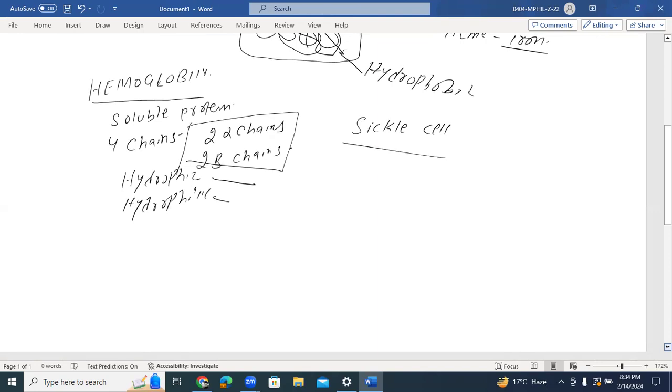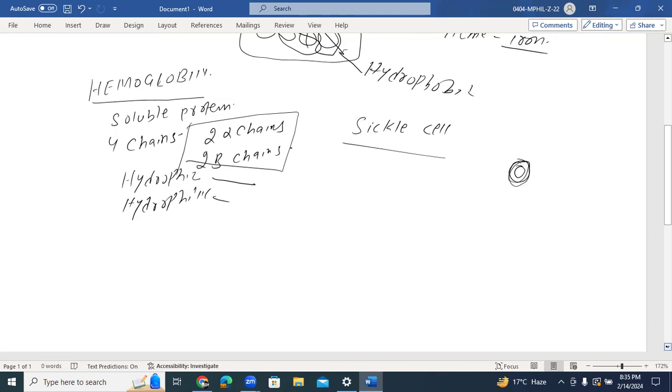Normally, red blood cells have a very globular structure, because red blood cells are always rounded in shape, right? And the hemoglobin which is present in it is a globular protein.